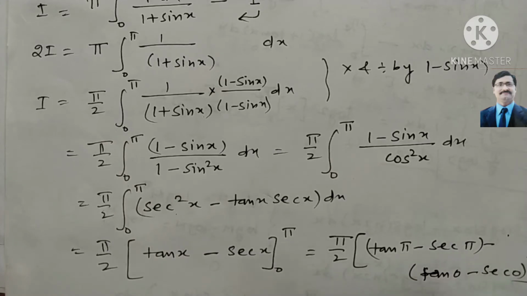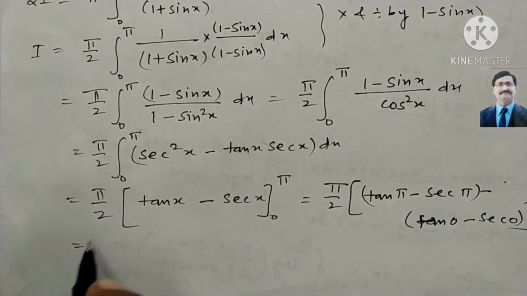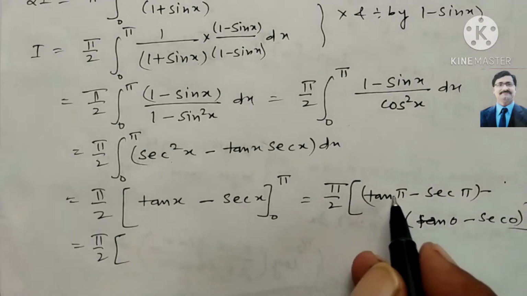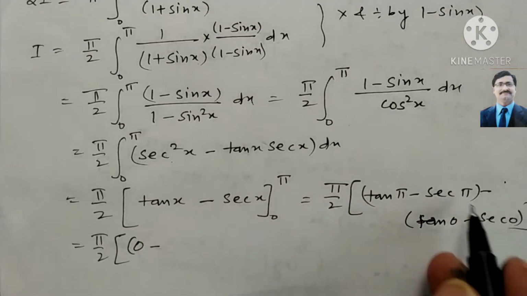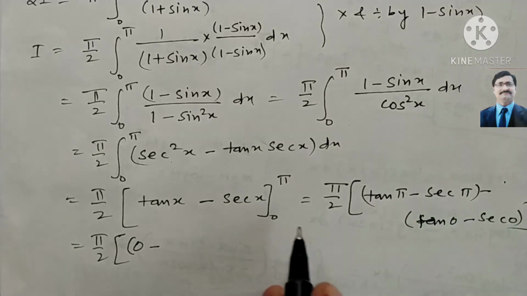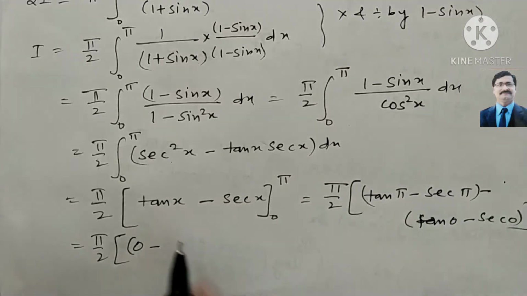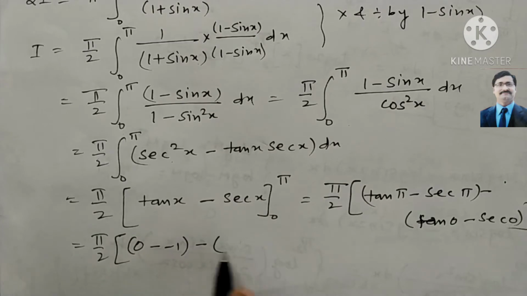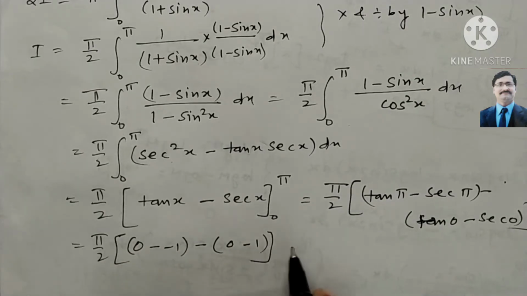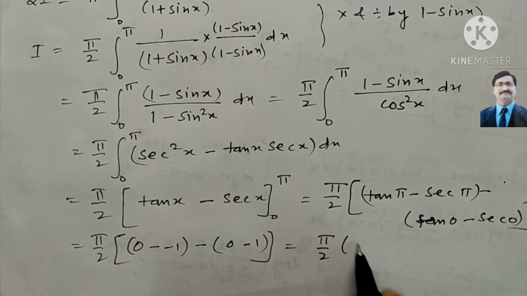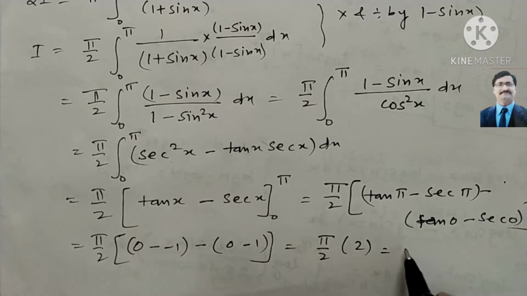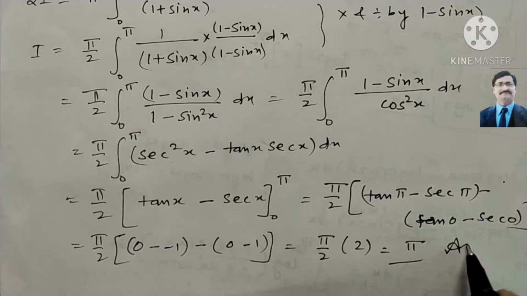Here tan pi is 0 and sec pi is minus 1, and tan 0 is 0 and sec 0 is 1. So this minus minus becomes plus 1, and this also plus 1, which gives 2, and 2 cancels, so we get pi. So pi is our answer.